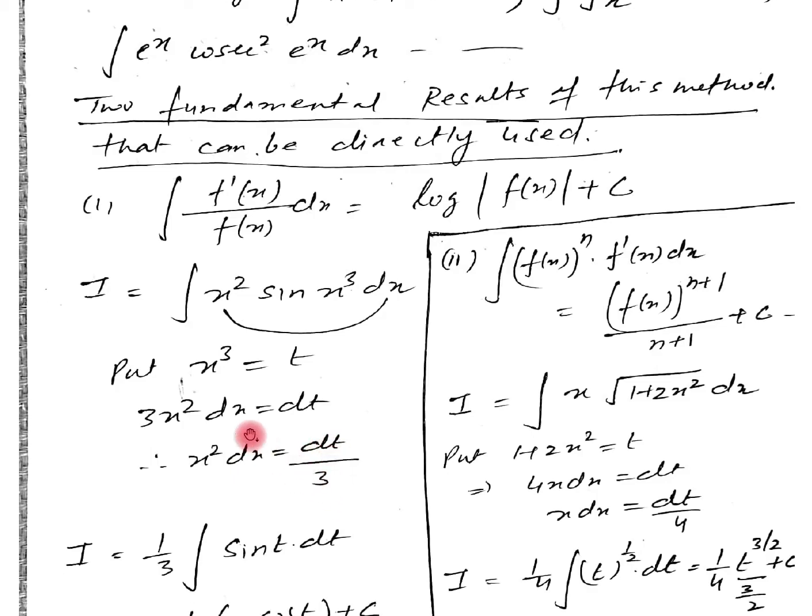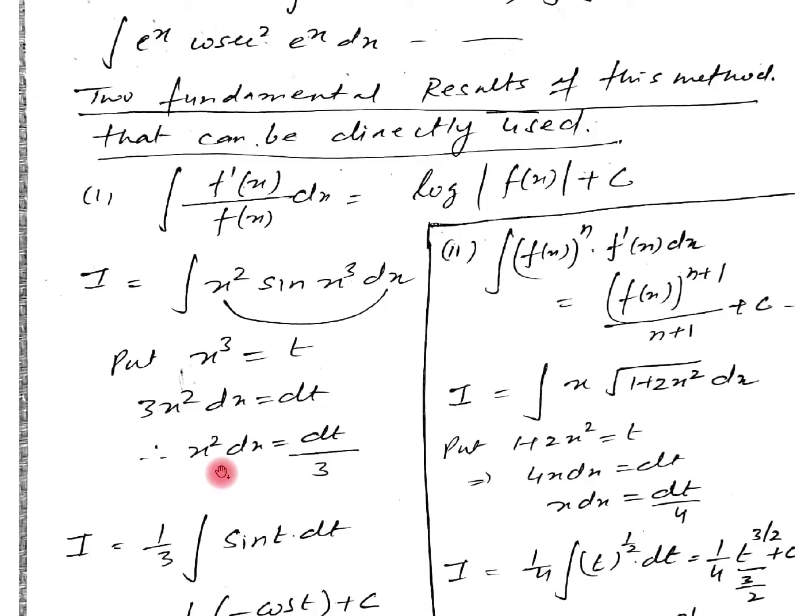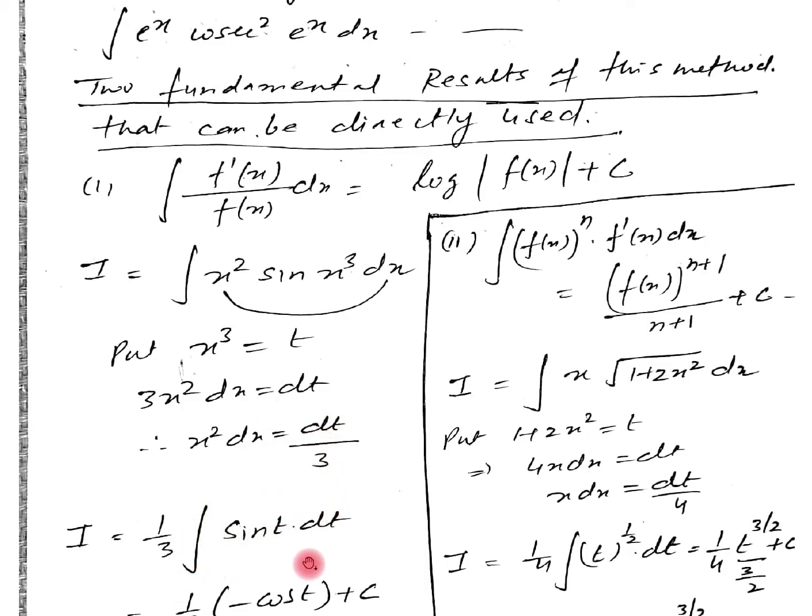Then substituting the value in I, x square into dx becomes dt by 3. This constant term I am taking out as 1 by 3, so it becomes 1 by 3 sin t dt.